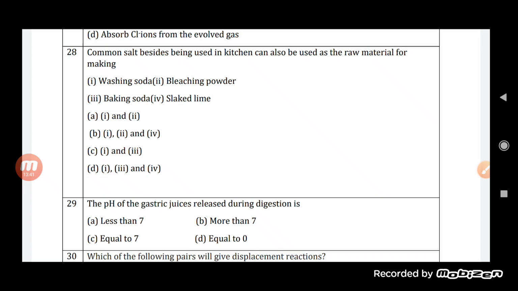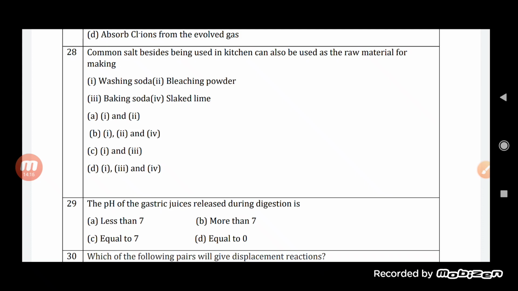So you see, students, NaCl is basically used in the formation of washing soda, because we know that ammoniacal brine solution is used, and from baking soda, washing soda is prepared. Bleaching powder is formed with the help of calcium chloride, so NaCl is not used as a raw material for it.